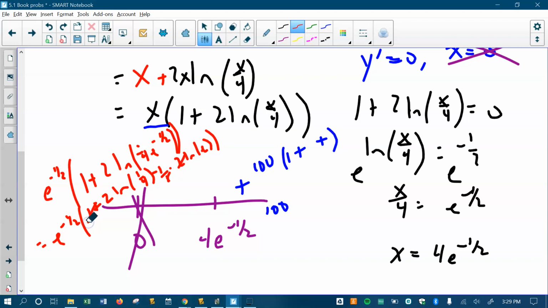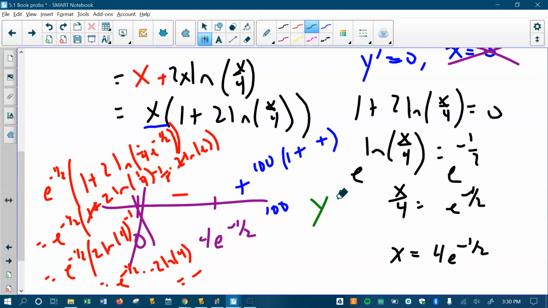And 1 minus 1 is 0. So now I'm just left with e to the negative 1/2 times 2 ln of 1/4. If I do another property here, I get e to the negative 1/2 times negative 2 ln of 4, which is a negative number. That was a difficult one.